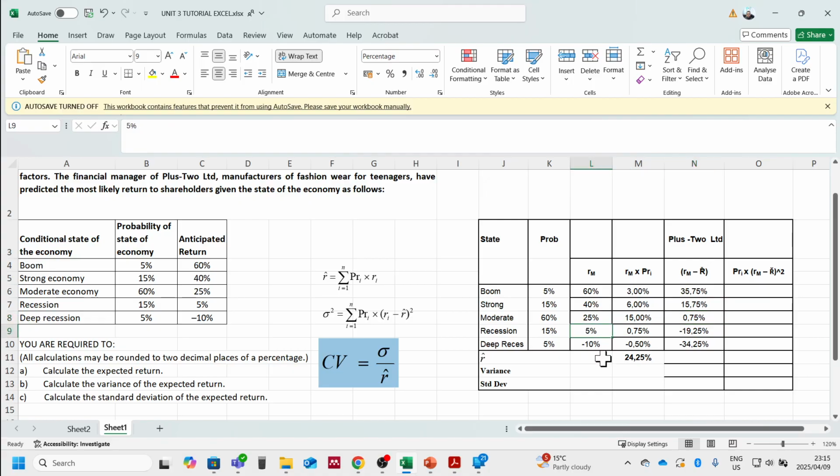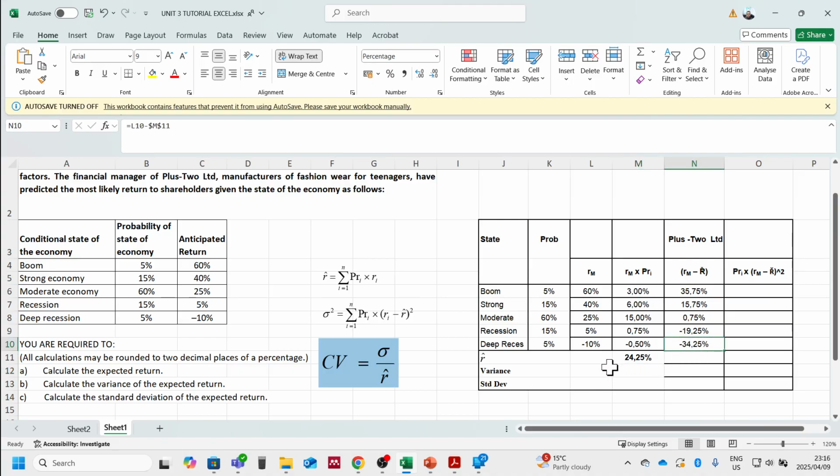And then when the state of the economy is under recession, we anticipate a return of 5%, and therefore we are going to deviate by 5% minus 24.25%, which is actually a positive outcome, to say that we are going from 5% to 24.25%, which tells us that during this state of the economy, we can actually expect the whole company portfolio to grow by 19.25%.